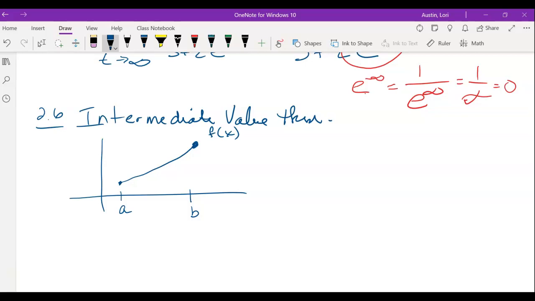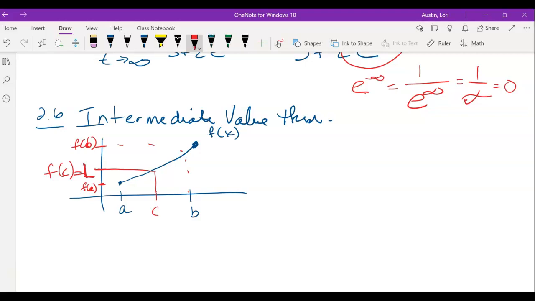As long as your function is continuous, there has to exist some number C that is between A and B such that f of C equals L, and L is literally between f of A and f of B.